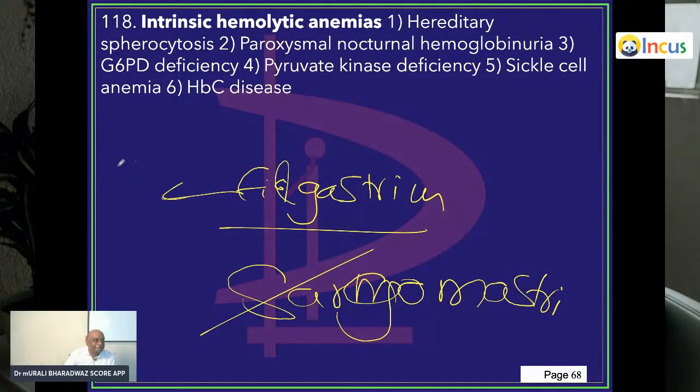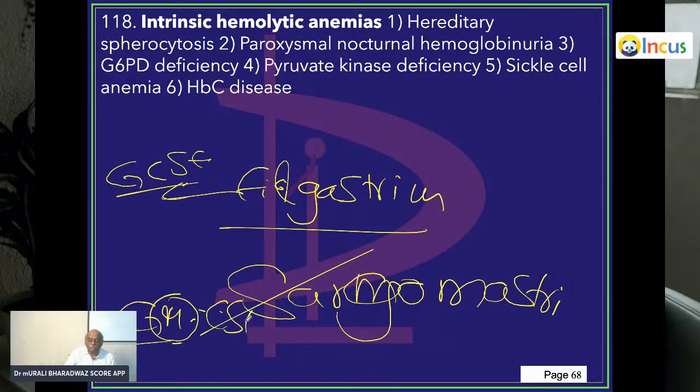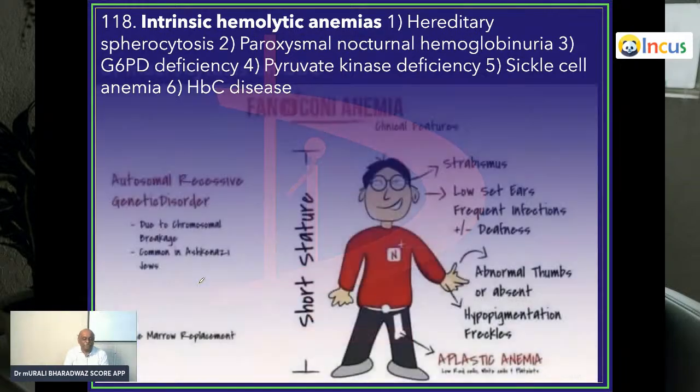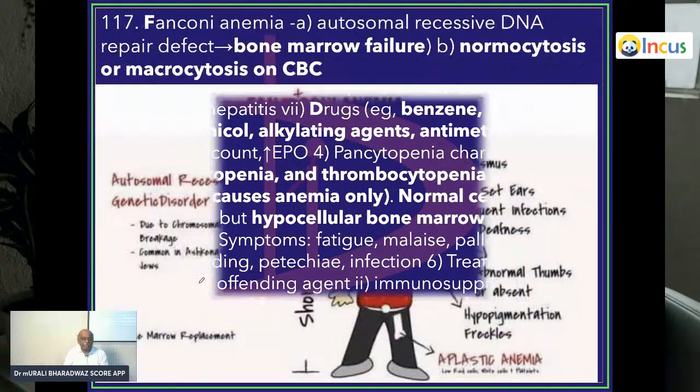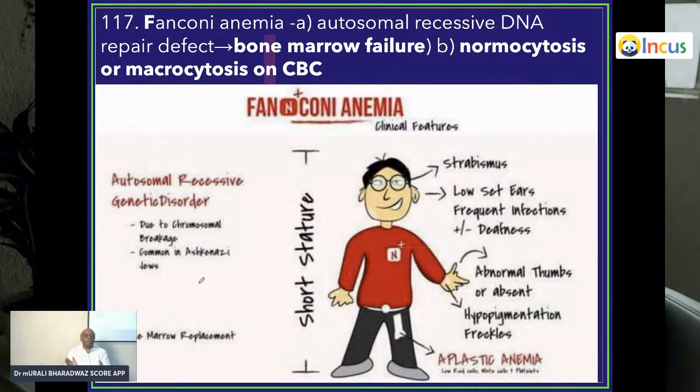This is GCSF, granulocyte colony stimulating factor. This is GMCSF, granulocyte monocyte colony stimulating factor. Filgrastim, sargramostim are the ones which you will give. Once more, I will ask this tongue twister. Filgrastim, sargramostim. So that is GMCSF. Also, you will administer.